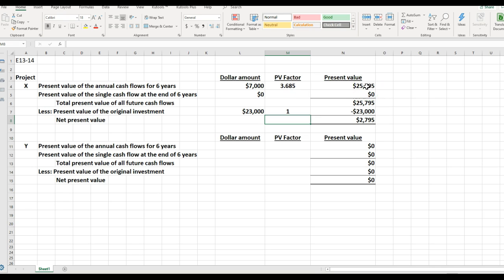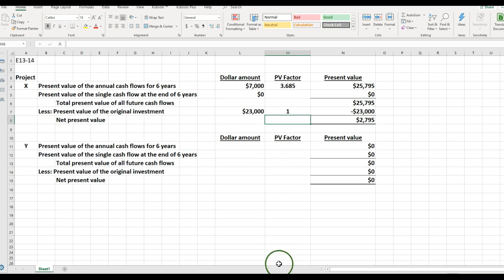It generates a present value of $25,795. That's the total present value, because it does not generate a lump sum at the end of 6 years. That's why this is 0. When you compare this year's investment to the present value of the future cash flows, we subtract, and we have a positive net present value of $2,795.